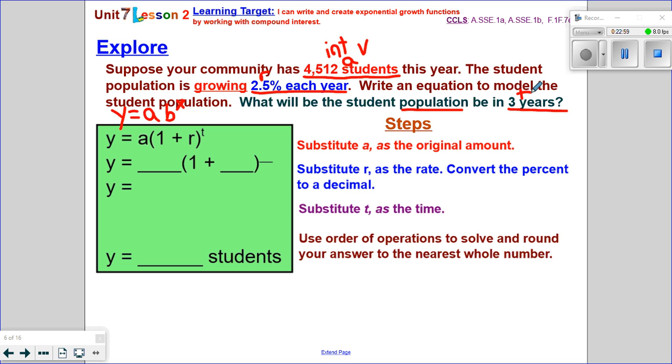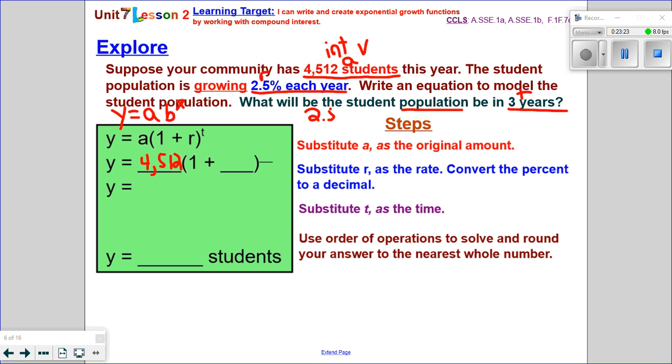Okay, so let's talk about what a is going to be. Please put a down and substitute into the formula. 4,512. Very good. Times 1 plus the rate. Now you're not going to put 2.5. You're going to put 2.5% as a decimal.